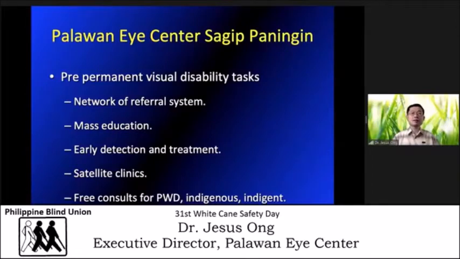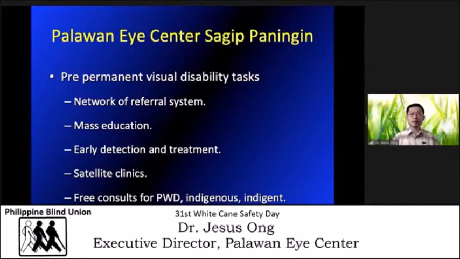Can you imagine yung ang haba-haba ng province ng Palawan? It's about 400, halos 480 kilometers mula dulo hanggang dulo. And yet, the ophthalmologists were concentrated only in Puerto Princesa City. So meron akong itinalagang satellite clinics sa El Nido to cater to patients from the north at sa Batarasa to cater to patients from the south.